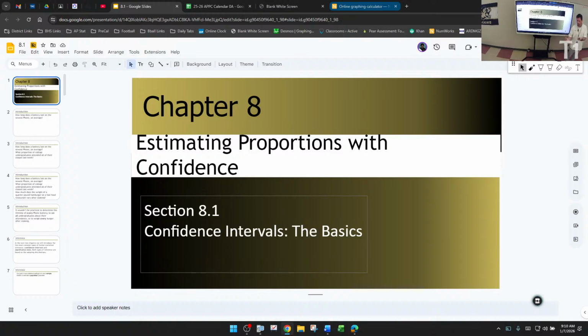And then 9.2 and 9.3 is how to do significance tests for proportions, categorical data. So 8.1, 2, and 3: introduction, proportions, confidence intervals. 9.1: hypotheses testing, how to find them, how to use them, all that kind of stuff.